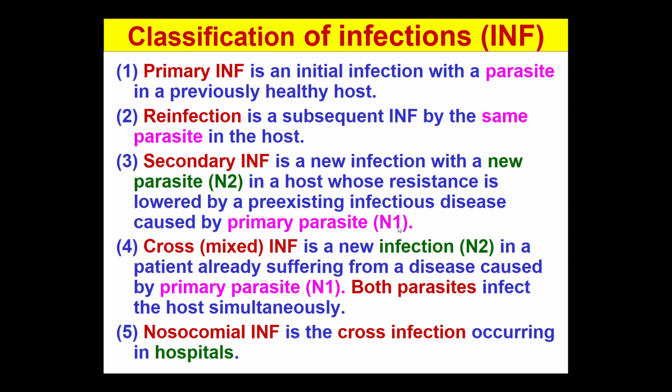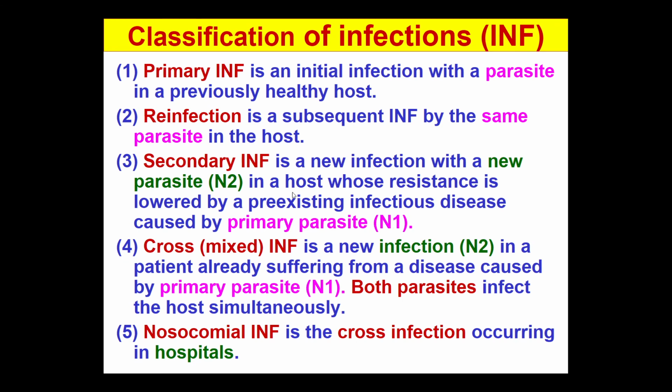What is happening in the secondary infection? Pathogen number 1, for example, human immunodeficiency virus, infects patient and cause destroying of immune system. In these conditions, parasite number 2, this may be fungus, Candida albicans, for example, or herpes virus, uses this situation where patient has lowered immunity and colonizes tissues of this organism.